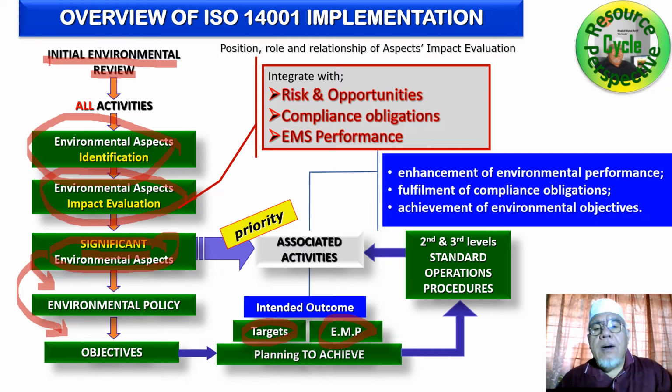And these comprise what is called the intended outcome as stipulated by the latest Environmental Management System Standard version 2015. And we have to indicate our commitment somewhere in the targets reflected in the EMP.